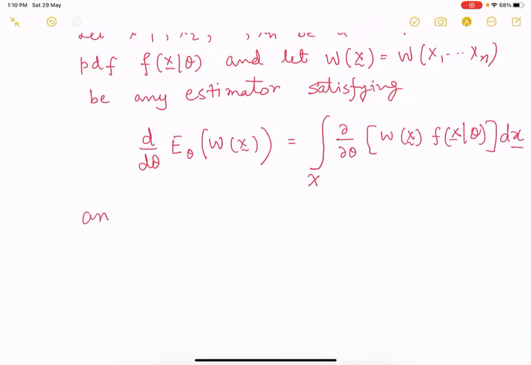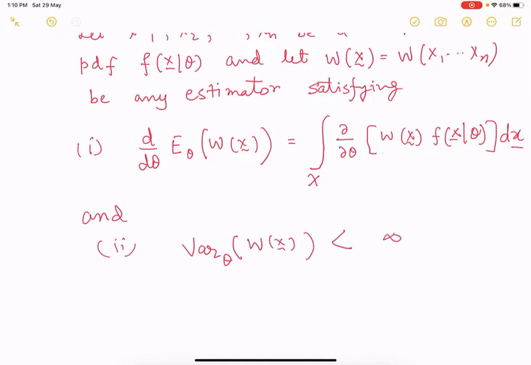This is the first condition to check. And the second condition is variance of W of x tilde with respect to theta is finite.